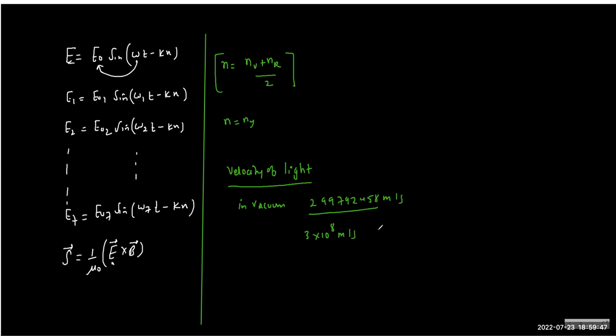You can remember this nice number. So in high school, how did you study what is refractive index? Mu is equal to C by V. So that's called the absolute refractive index, right? Yeah, absolute we define with respect to vacuum.